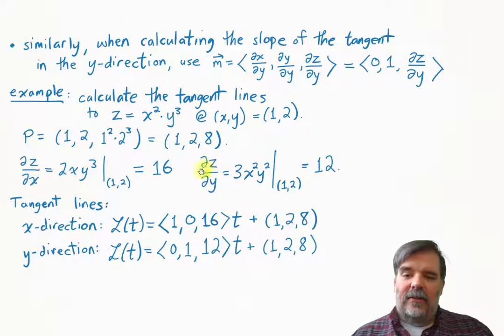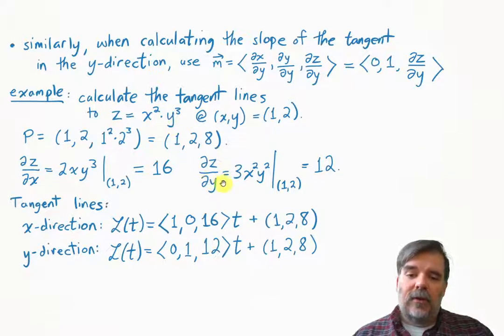Similarly, we need to calculate the partial derivative dz/dy for this function. When calculating dz/dy, y is the variable, and we treat x like a constant. So in this case, you can think of this function as a constant times y cubed. The derivative of a constant times y cubed is that constant times 3y squared.